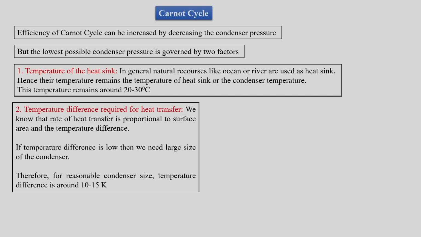The second factor is the temperature difference required for heat transfer. We can go very close to the temperature of the surrounding or natural resource in the condenser, but if we make the temperature difference lower and lower, we would need a very large area of the condenser. As we had seen earlier, irreversibilities are associated, and here they would practically lead to the need for a larger area for heat transfer.